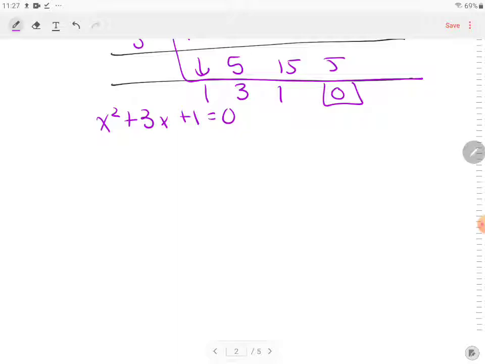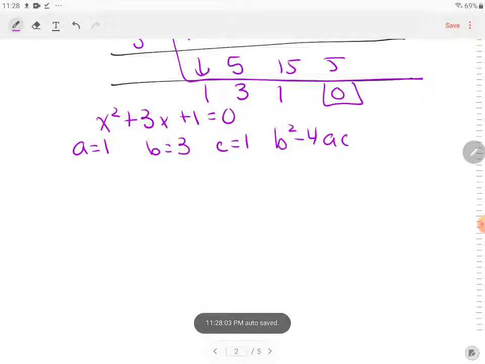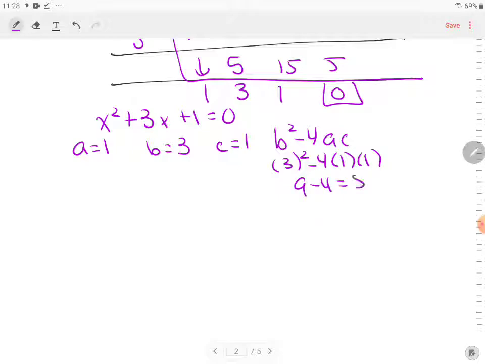So we can use the quadratic formula. A is 1, B is 3, C is 1. And then I like to find b squared minus 4ac, that way I can replace b squared minus 4ac with one number. So that's 3 squared minus 4 times 1 times 1. That's 9 minus 4, which is 5. So let's review the quadratic formula.